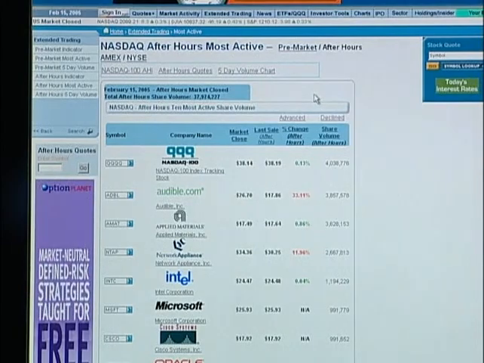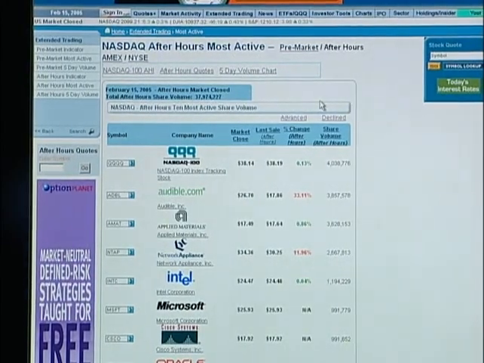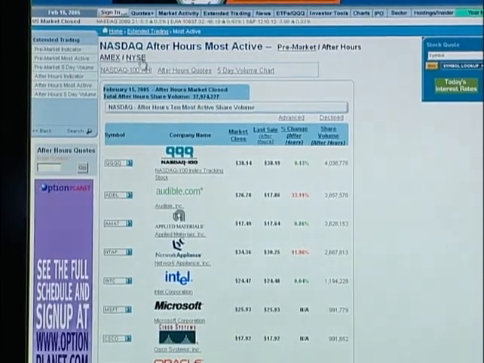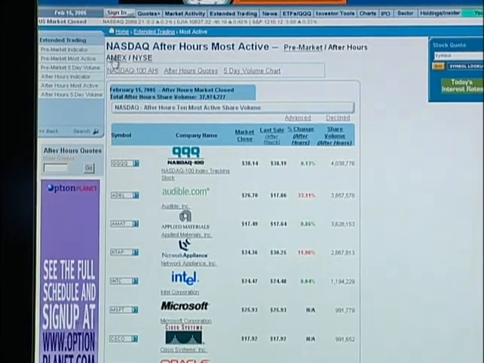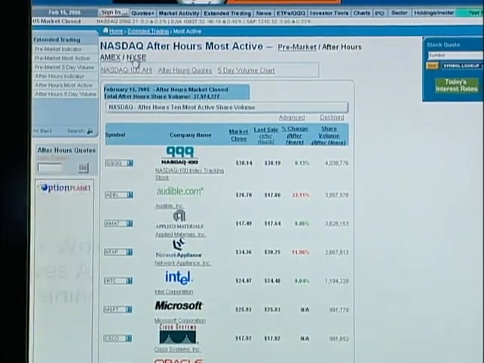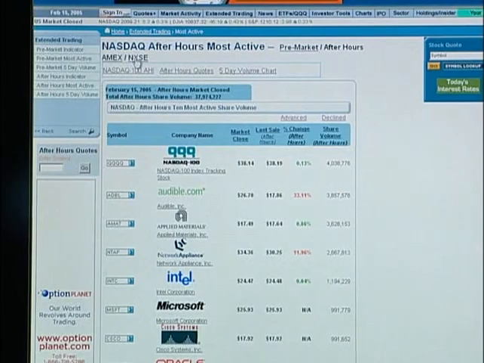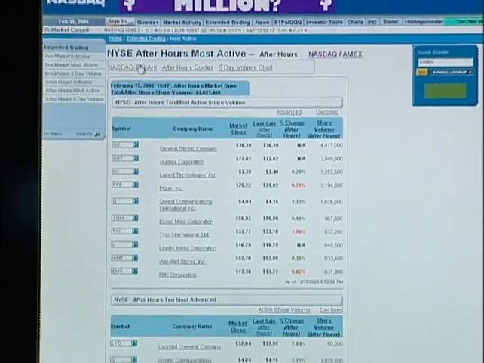But you'll notice that not only are we talking about NASDAQ, you guys see up here in the top left, we can do the same thing for both the Amex and New York. Let's click on New York and see what we find out.